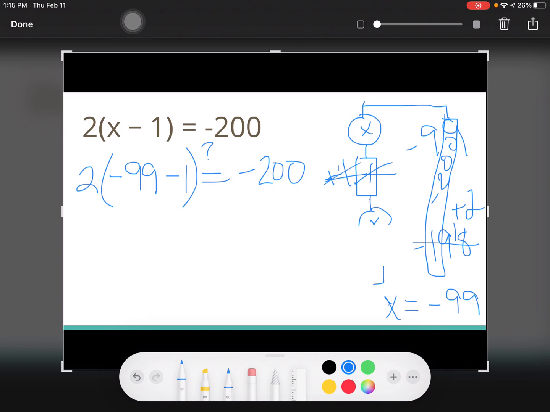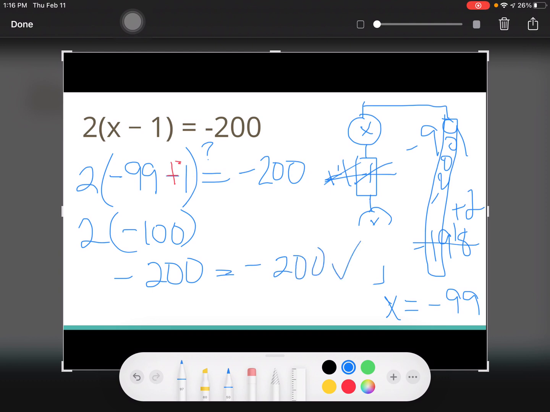So inside the parentheses, I have negative 99 plus negative 1. Well, that's going to give me negative 100 on the inside, and 2 on the outside. 2 times negative 100 gives me negative 200, and that is in fact what I needed to get. So therefore my solution of x equals negative 99 is correct.